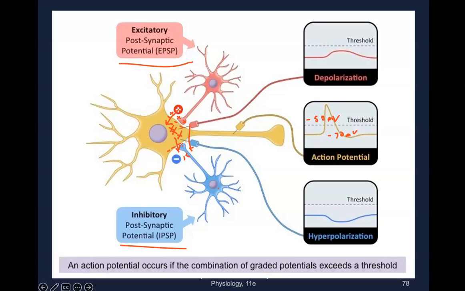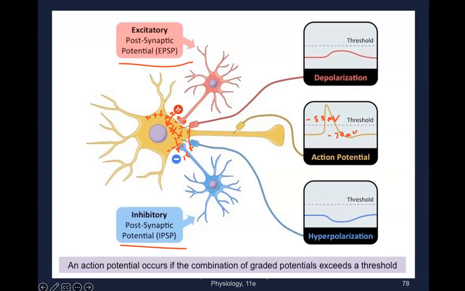And as we bring more and more in these localized areas, and maybe we have another neuron here that's causing another excitatory potential and more positively charged ions to come in, we're really bringing ourselves closer to threshold.